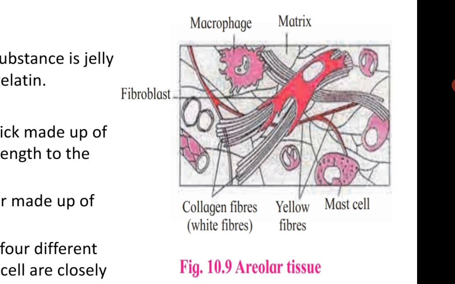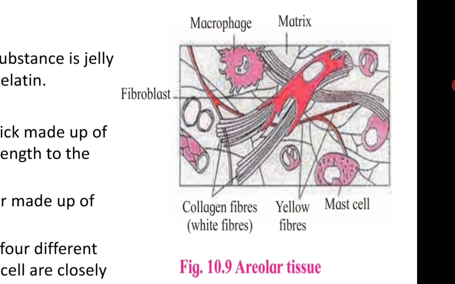It produces polysaccharides that make the ground matrix. Fibroblast is an important cell. It secretes yellow fiber as well as white fiber, and polysaccharides that make up the ground substance called matrix. Fibroblast secretes the white fiber, yellow fiber, and matrix, which are necessary to the connective tissue.